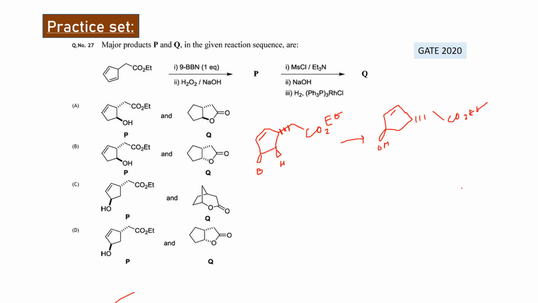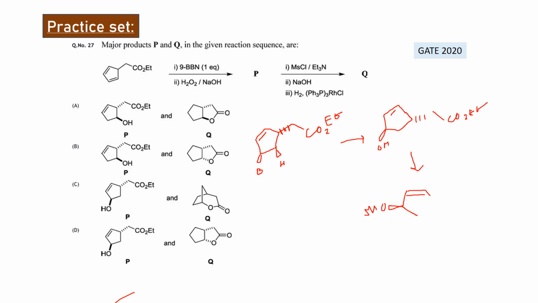After that, if you add mesyl chloride and Et3N, this OH will be mesylated and transformed to a good leaving group.